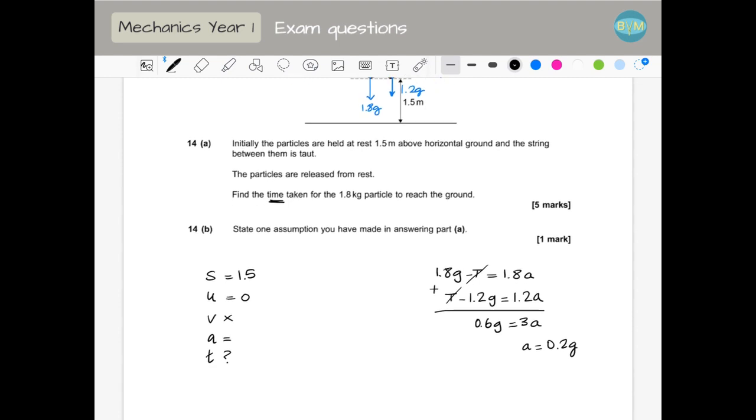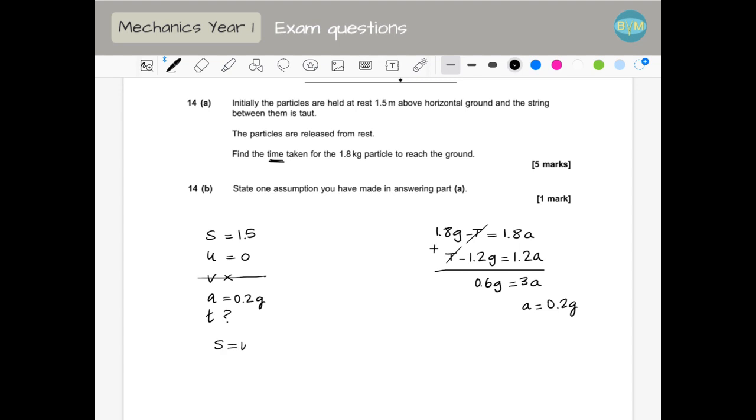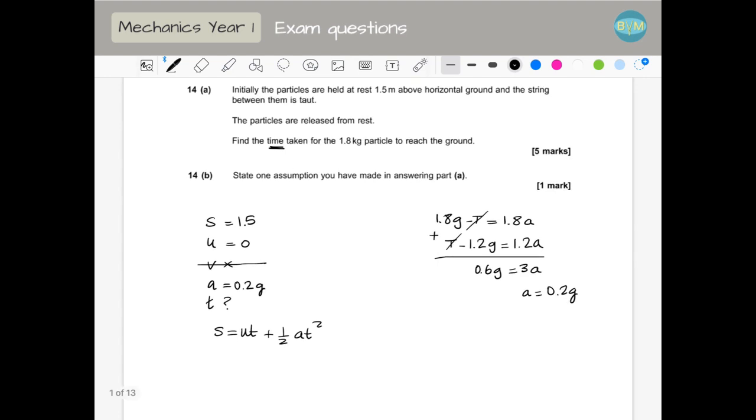So I know this acceleration here is 0.2g, and now I can use SUVAT. I need a SUVAT equation without v, which is this one: s = ut + 1/2 at squared. s is 1.5, u is 0, and then I have 1/2 of acceleration times t squared.